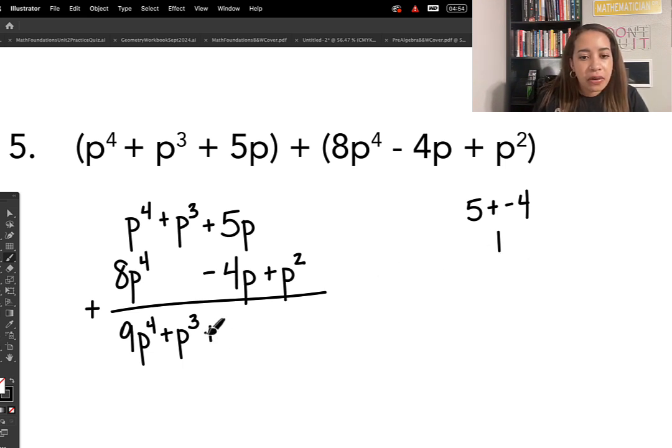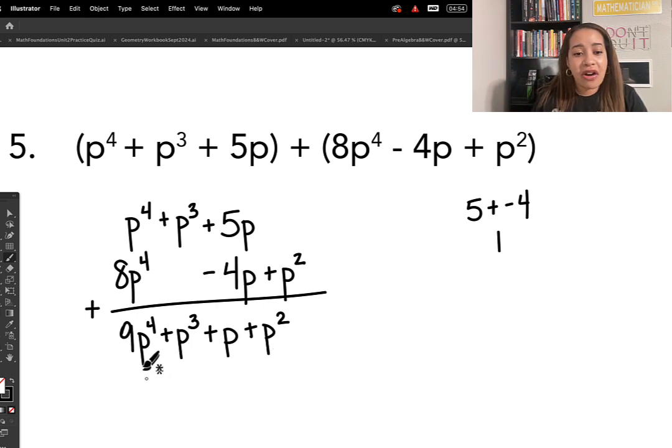So we can write plus our invisible 1p. Finally, p to the second power did not have a match, so I'm just going to write plus p squared. So this is our final answer.